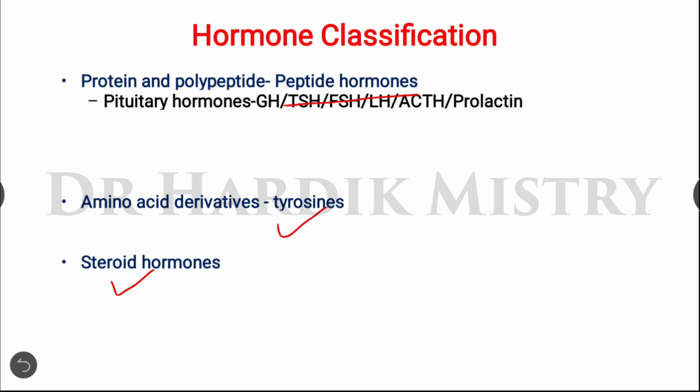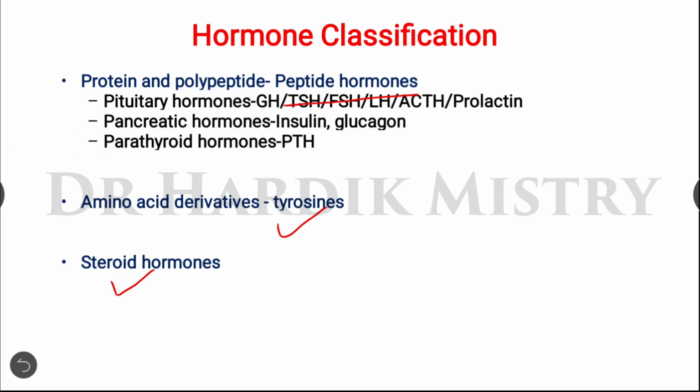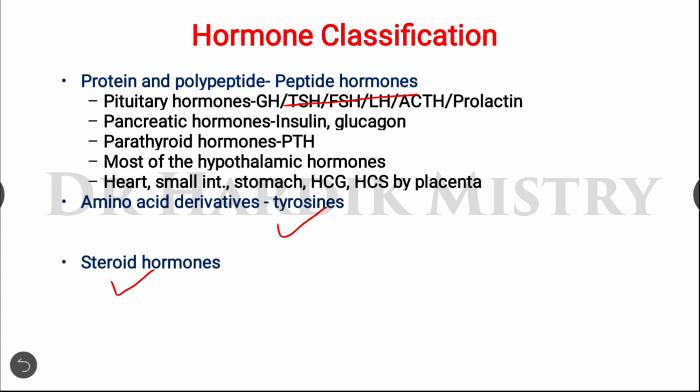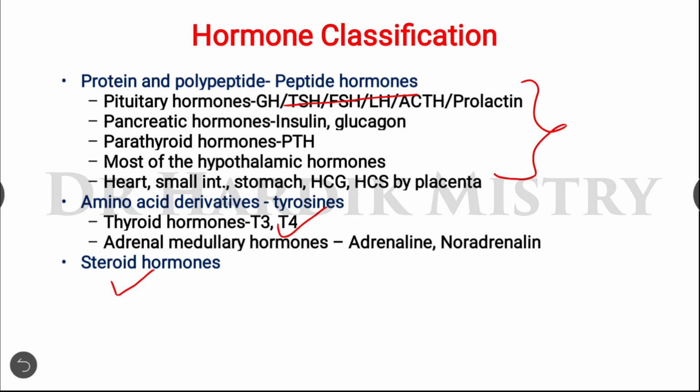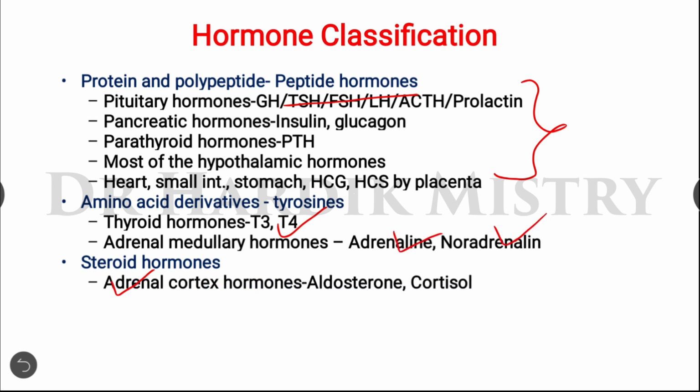Protein and polypeptide peptide hormones include growth hormone, TSH, FSH, LH, ACTH and prolactin, the pancreatic hormones insulin and glucagon, parathyroid hormone, and hormones of the heart, small intestine and stomach, and HCG and HCS from the placenta. So all these are peptide hormones. Now the amino acid derivatives: thyroid hormones T3, T4 and the adrenal medullary hormones, adrenaline and noradrenaline. Steroid hormones: adrenal cortex hormones, aldosterone and cortisol.